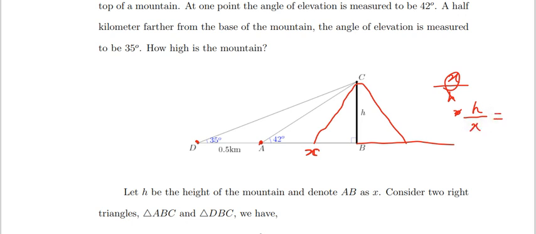Actually, h over x is tangent 42. We can use h over x or x over h, it doesn't matter, but we prefer sine, cosine, tangent.